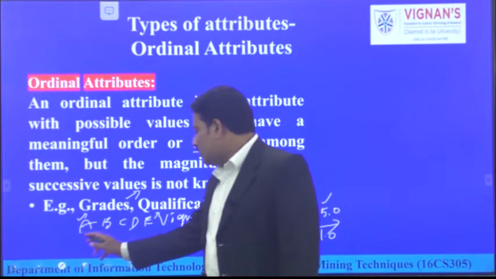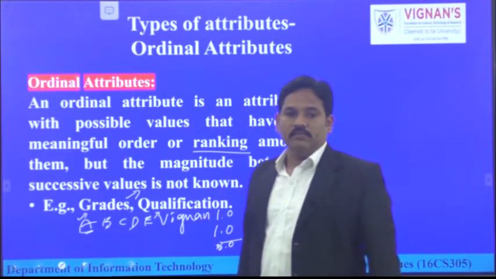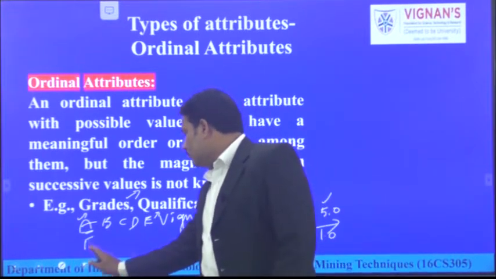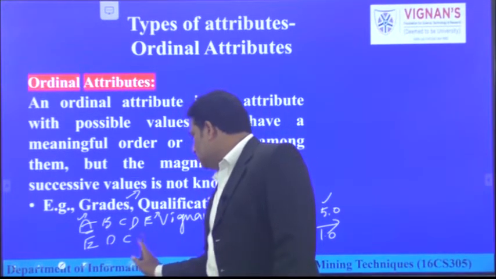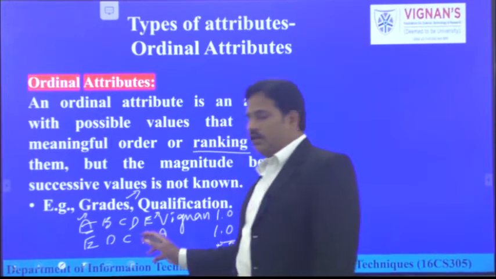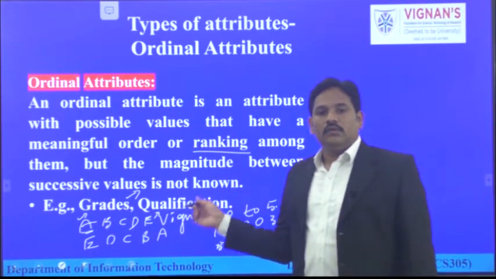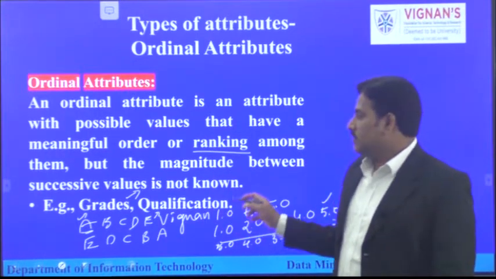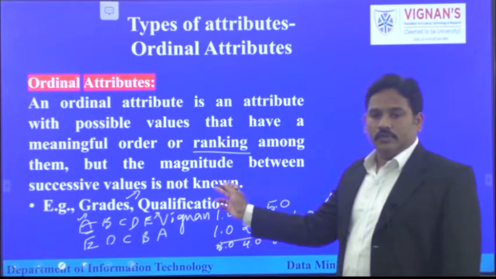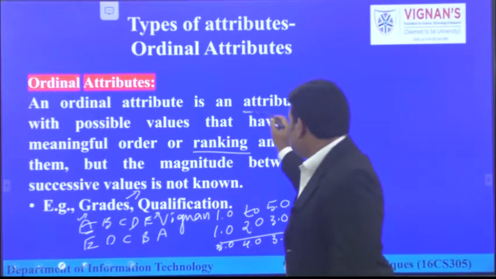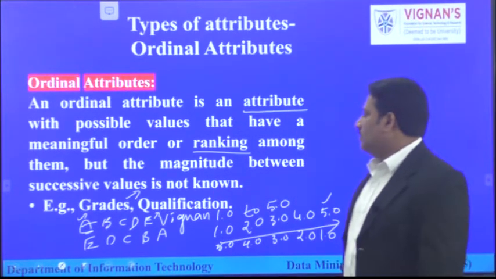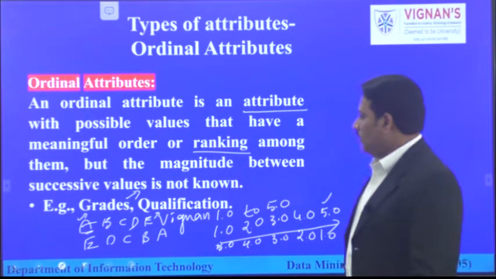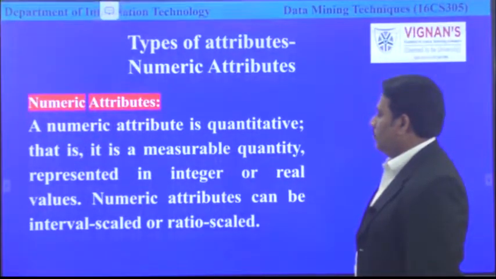So if any person gives grade A, let's say the product is having a very good grade value, they can also represent in reverse order like E, D, C, B and A. But any one order we can follow, and strictly we have to follow its order. We can't jumble the values. Such are called ordinal attributes: the attribute with possible values that have a meaningful order or ranking. So this is called an ordinal attribute.